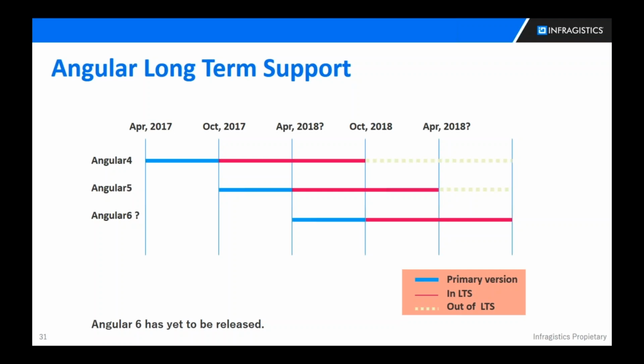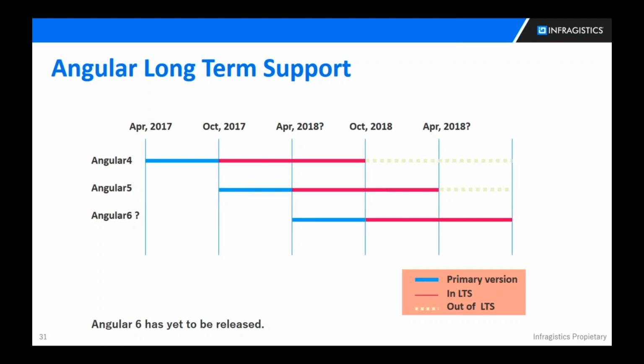Right now, it's January 2018. So Angular 4 is already in long-term support. Also, Angular 5 is available right now, and in April, Angular 6 is coming out.